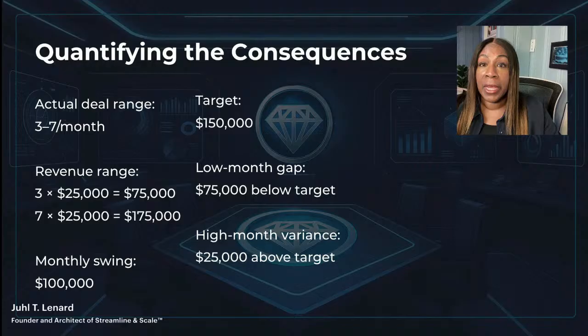So we're looking at a $100,000 monthly swing in revenue against our target of 150,000. On a low month, we're 75,000 below our target. On a high month, we're 25,000 above our target. So there's lots of fluctuation versus predictability, which is what we're looking for.